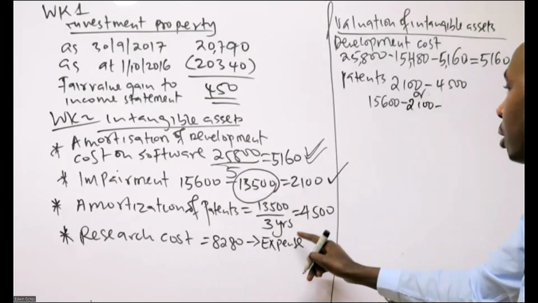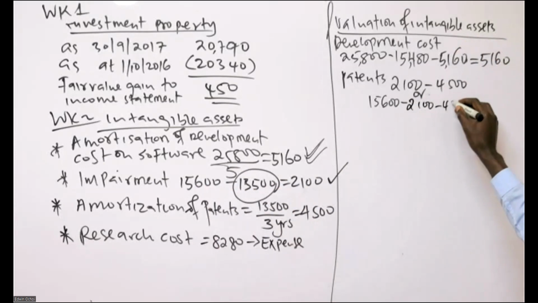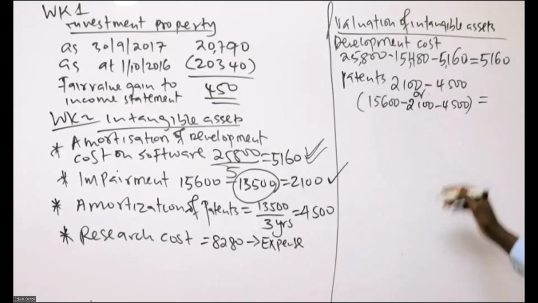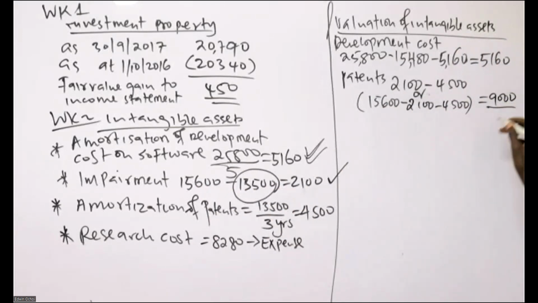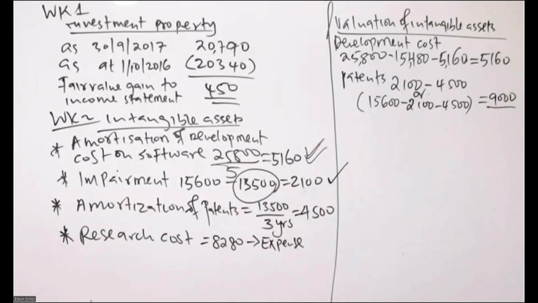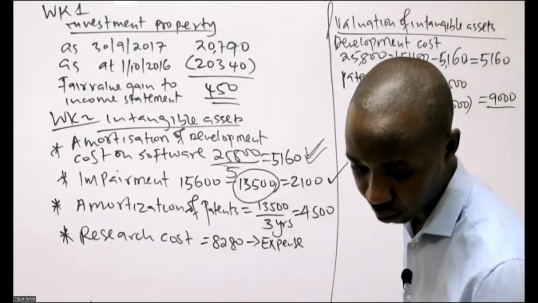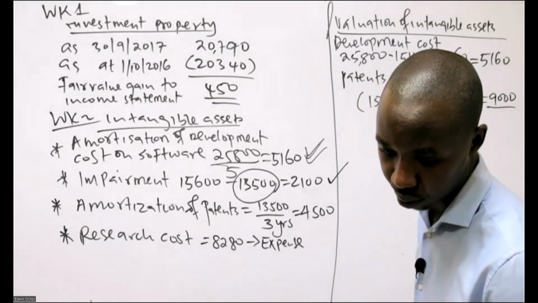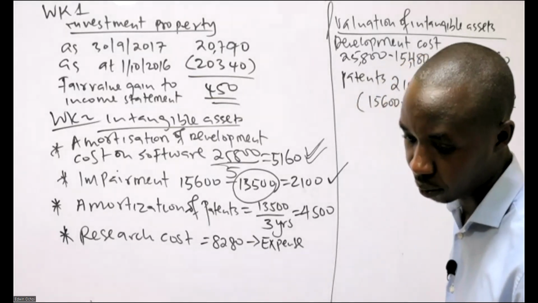Then you minus 4500. What do you have? 9,000. So the total value of the intangible will be the sum. The research cost is an expense, it will go to the expenses. 14,160.